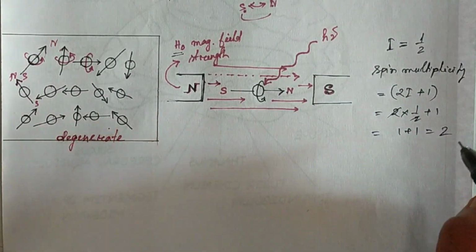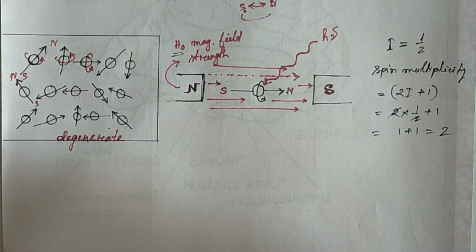Spin multiplicity means how many orientations are possible for that nucleus.